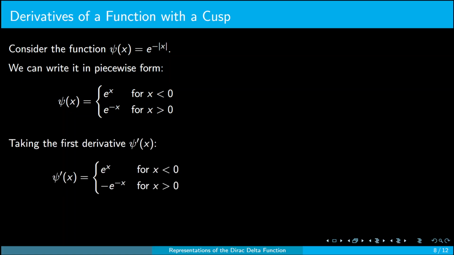So taking the first derivative is quite easy. The first derivative of e^x will remain e^x, but for the second derivative with respect to x, we can apply the chain rule, so we will get minus e raised to power minus x.